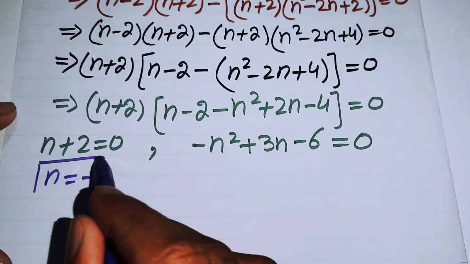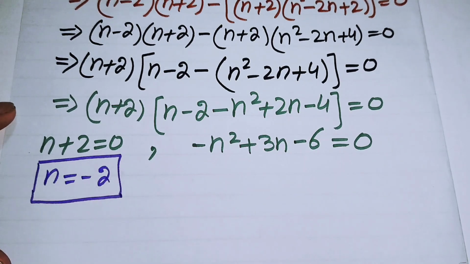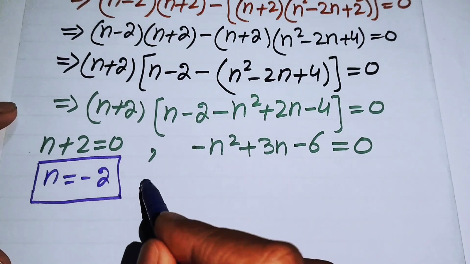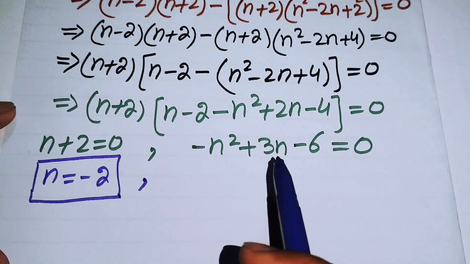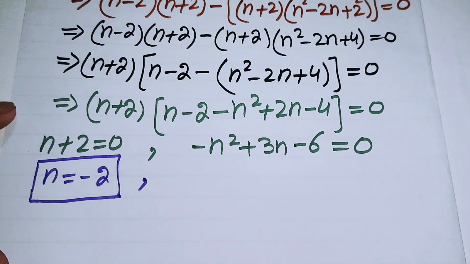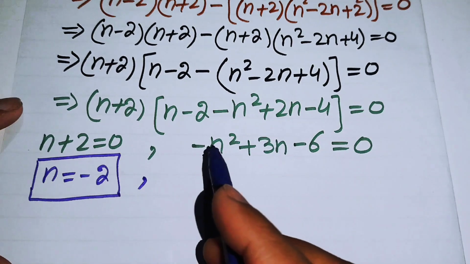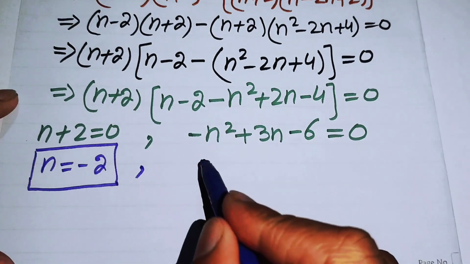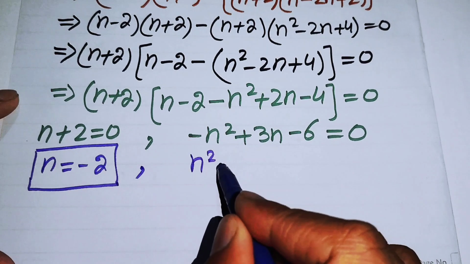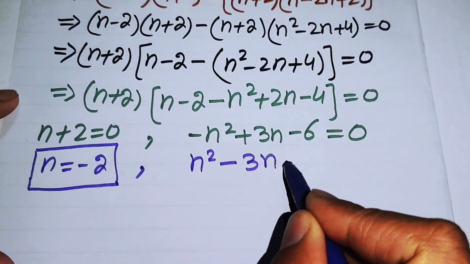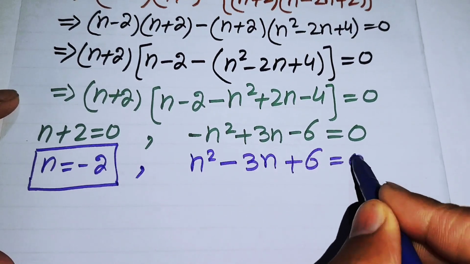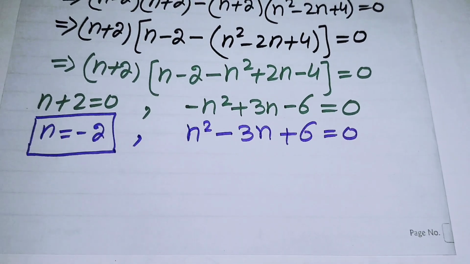So this is our first real root of the given cubic equation. Now in order to find the other roots, we need to solve this quadratic equation. First we multiply this equation by minus 1, and you obtain n squared minus 3n plus 6 equals 0. Here we need to take the factors of this equation, or the other option is we use the quadratic formula.